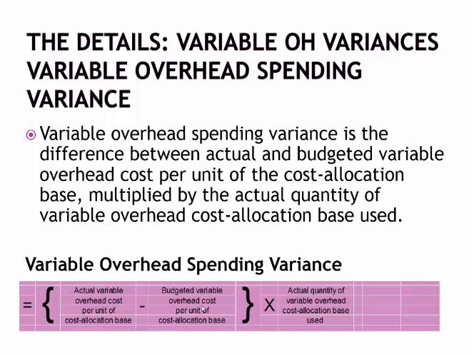This is the one we have calculated. We had $30 per hour for our budgeted rate. So calculate the difference between those two rates and then multiply that result times the actual quantity of the variable overhead cost allocation base that was used. And that's going to give you the spending variance.